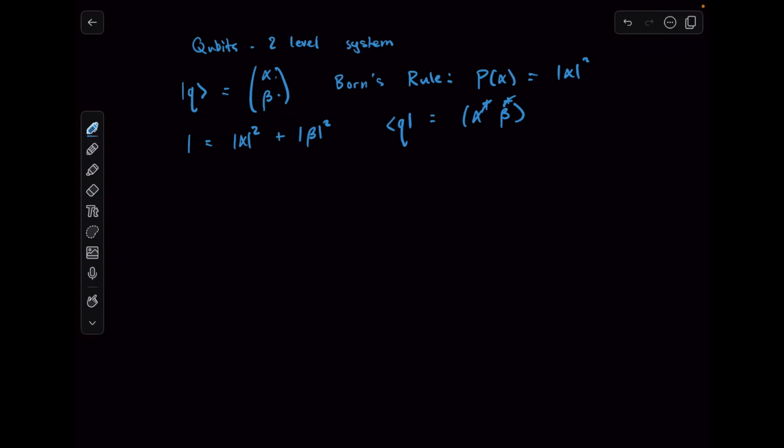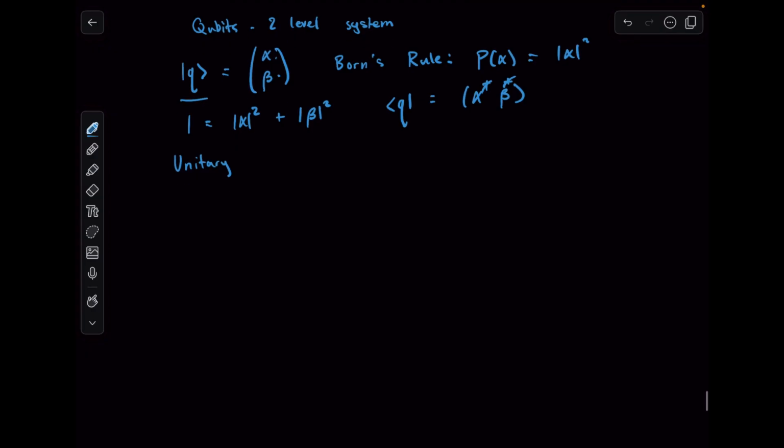And I said that since we're working with vectors, and this is our basic unit of information, it's natural that our quantum logic gates will be linear transformations, and specifically they have to be unitary. In this video I want to go over what it means to be unitary and why we need to enforce this requirement in the first place.